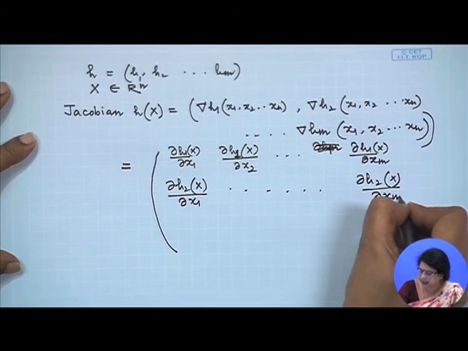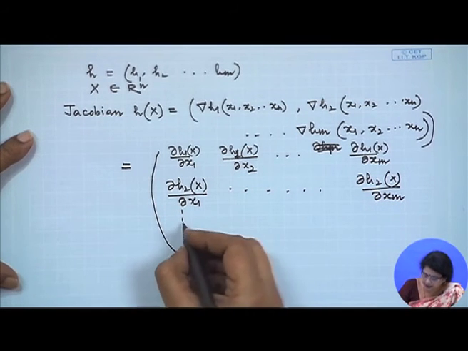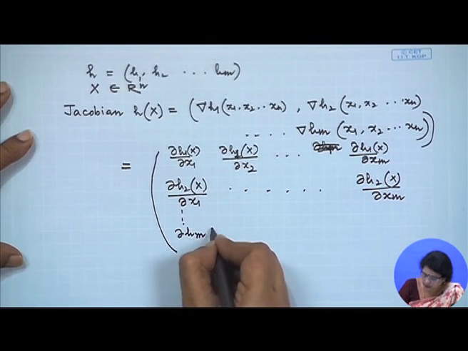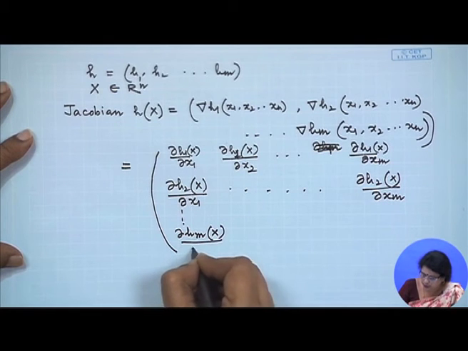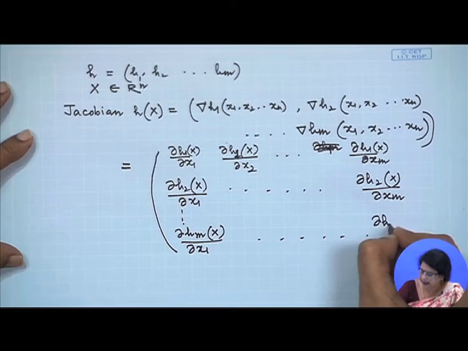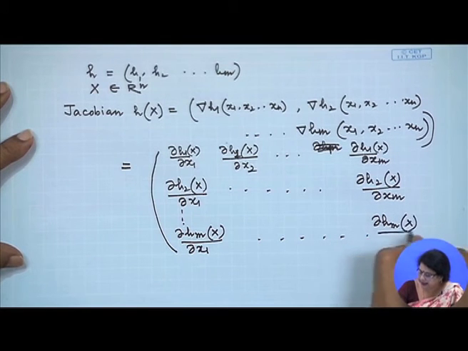You must be understanding that we are getting a matrix. The number of rows would be m and the number of columns would be n. Now, it has been said that this must be of full rank.